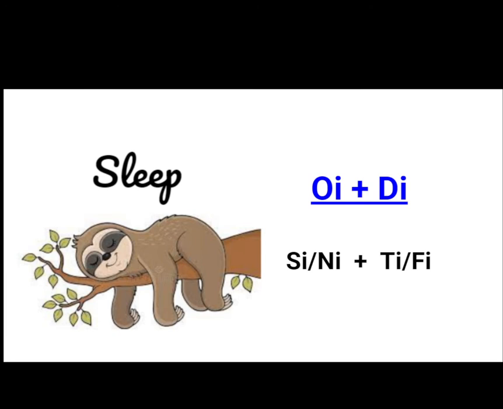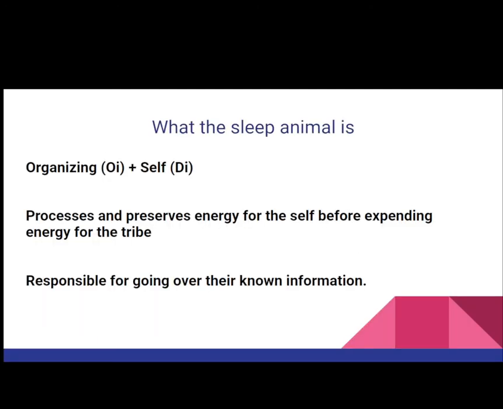Or let's say you had an INFJ. INFJ stack is NI, FE, TI, SE. So in the INFJ, the sleep animal would be the NI plus the TI working together. You can also think of the sleep animal as intersecting the organizing OI human need with the self DI human need, and then you put those two together to make the sleep animal.